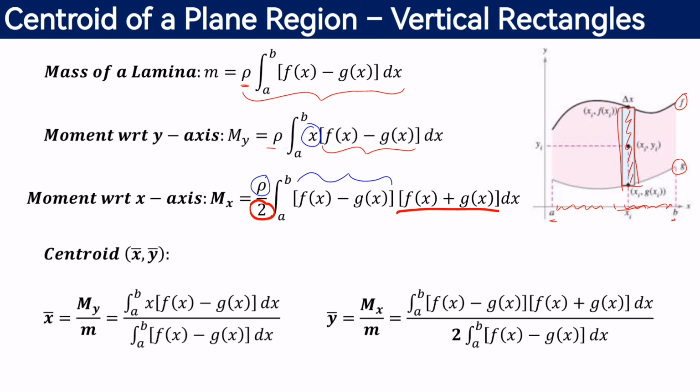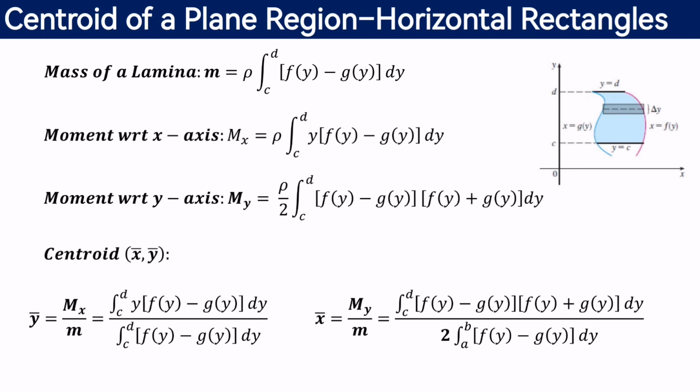Now, finally, the centroid is the ordered pair x bar, y bar, where x bar is just the moment with respect to y divided by the mass, and the y coordinate of the centroid is moment with respect to x divided by mass.